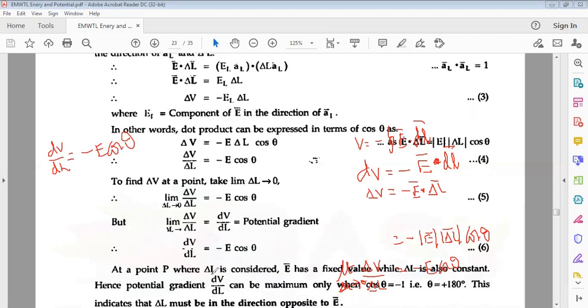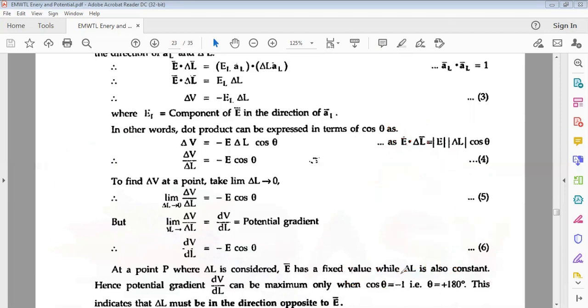At the point P where delta L is considered, E bar has a fixed value, while delta L is also constant. Hence, the potential gradient dV by dL can be maximum only when cos theta is equal to minus 1. Got it, my dear students?